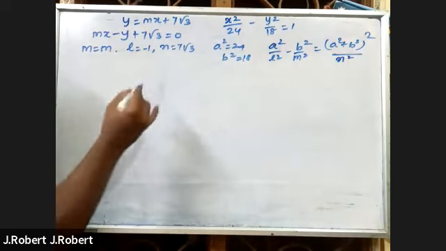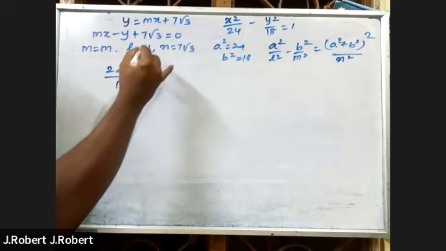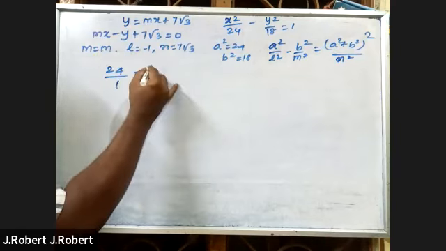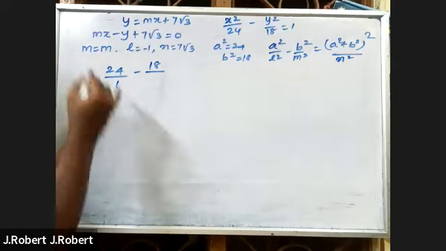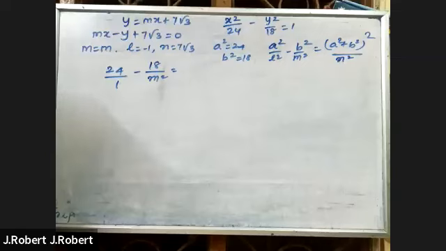Substitute in the conditions. Your a squared is equals to 24, l square is 1, minus b square, your b square is equals to 18, divided by m square. Your m square is as it is m square, which is equals to a square plus b square. We can write this as 24 plus 18 the whole square.